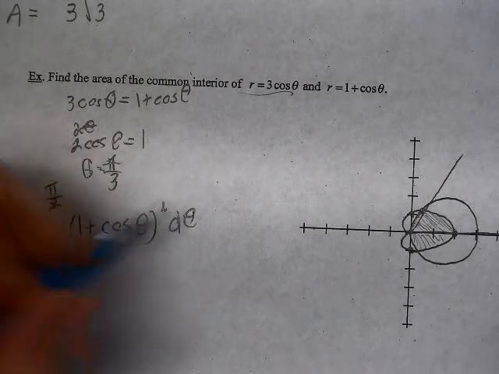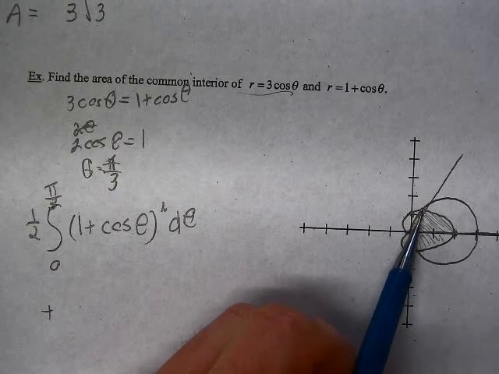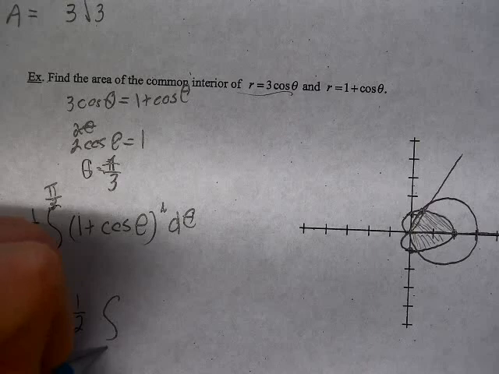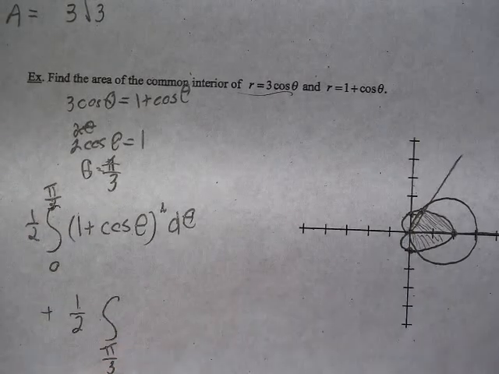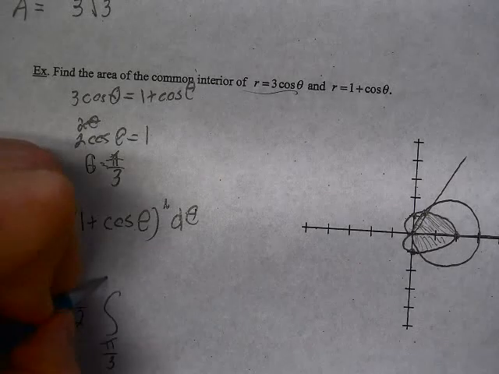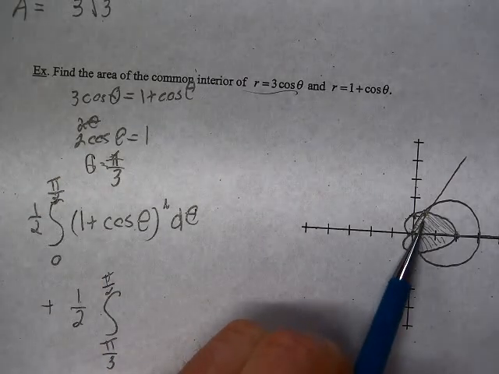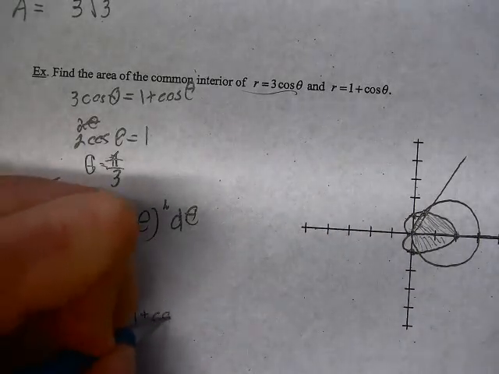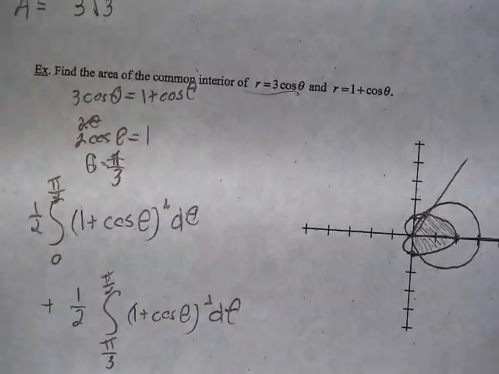But to include this little crescent here, I have to integrate from pi over 3 to where the circle meets the origin, and that is pi over 2. And there I just want to find the area that's inside this circle. So I have 3 cosine theta squared d theta.